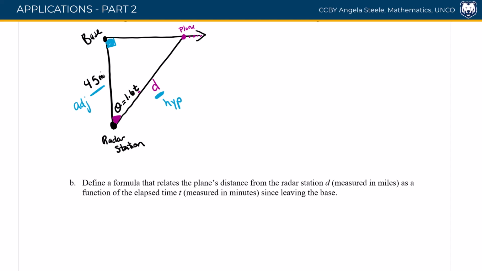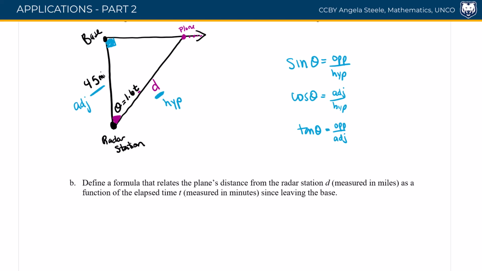So when we think about our functions, we have our sine, which is opposite over hypotenuse. Our cosine is adjacent over the hypotenuse. And our tangent of theta is opposite over the adjacent. We want to determine which one to use based on the information that we have.